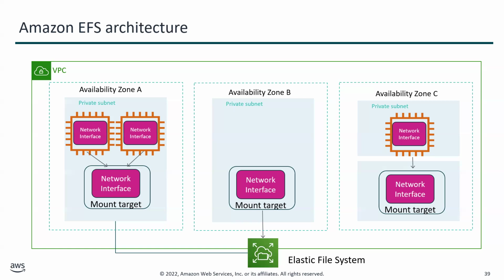So it's mounted in each of these subnets. Once the mount target is created for one subnet, all the EC2s and resources from that subnet can access that elastic file system storage which we have configured.